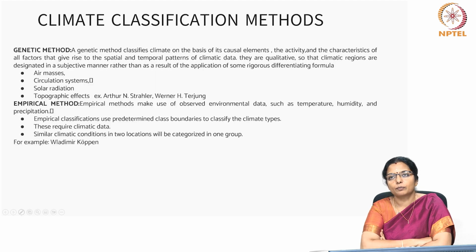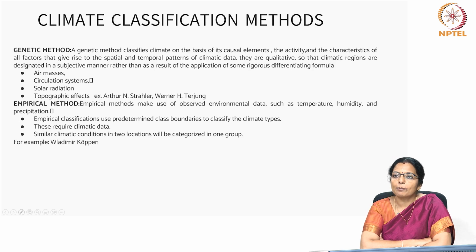We will now explore different methods used to classify climate. First up is the genetic method, which looks at the causes behind climate patterns. It considers factors like air masses, circulation systems, solar radiation, and how the land's shape affects weather.